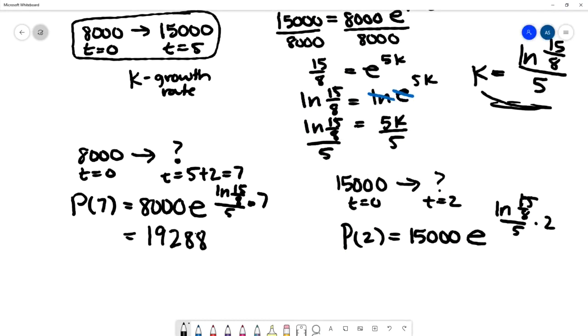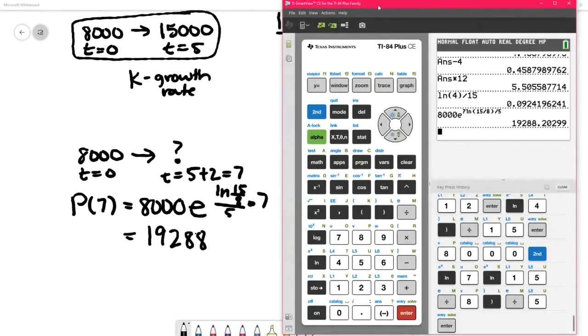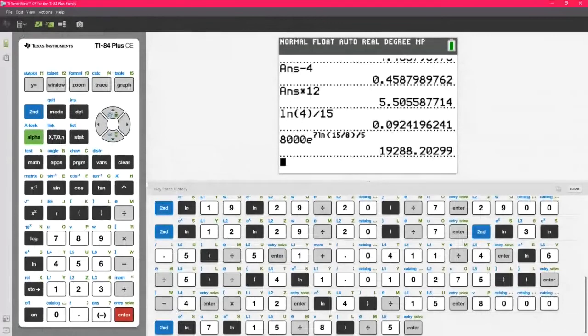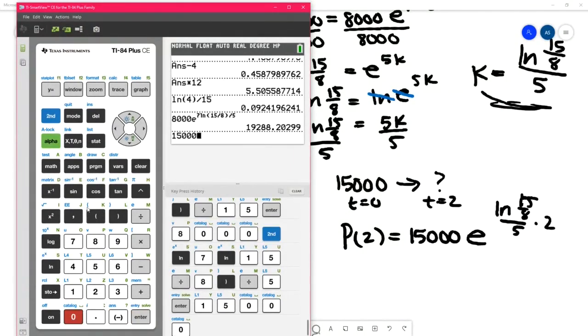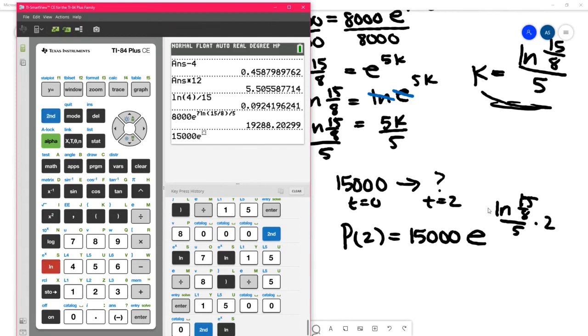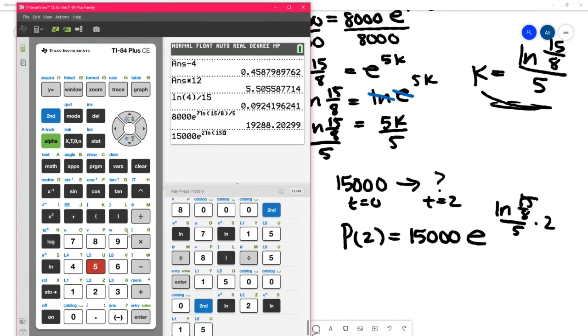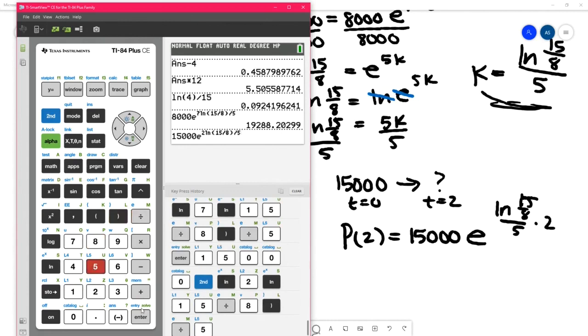Okay, now let me show you with the other formula. If we do 15,000 e, I'm going to move this 2 in the front so it's a little easier to type. I don't need as many parentheses. 2 natural log of 15 over 8 over 5.